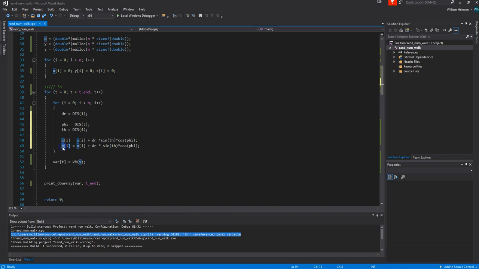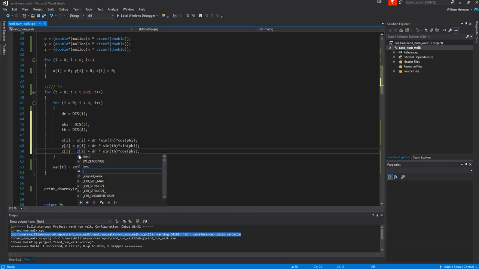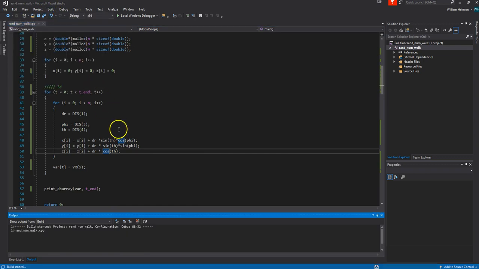Y equals Y plus dr sine theta sine phi, and then Z equals Z plus dr cosine theta. The spherical coordinates, and that's how we do the motion in 3D.